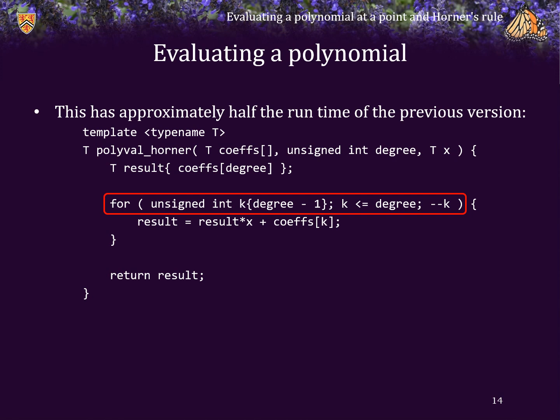So we go from 0 up to 2 to the 32 minus 1. So basically, the appropriate halting condition is to stop if k is no longer less than or equal to the degree.